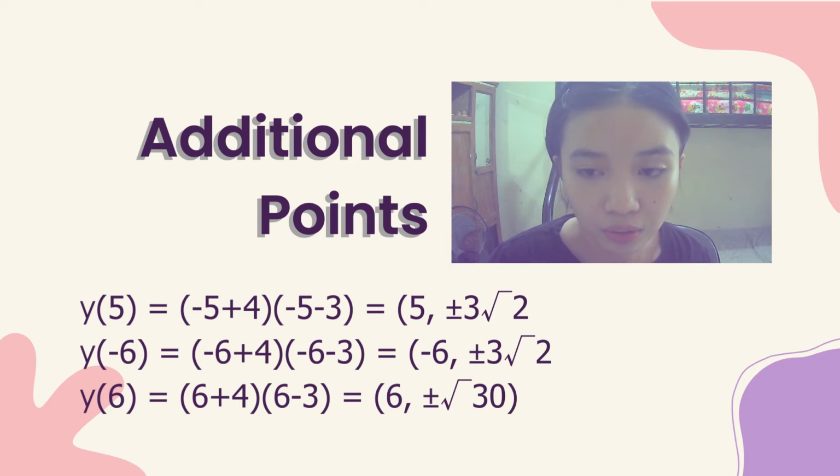The next value that we have is negative 6. So, isa-substitute lang natin siya, and mag-divide ito ng negative 6 and positive negative 3 square root of 2. The last value na meron tayo is a positive 6. So, isa-substitute lang ulit, and this will give us a positive 6 and positive negative square root of 3.